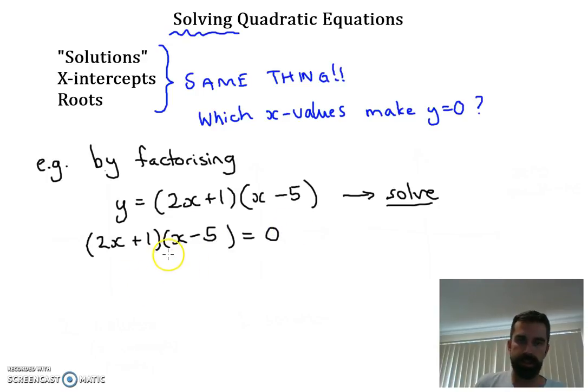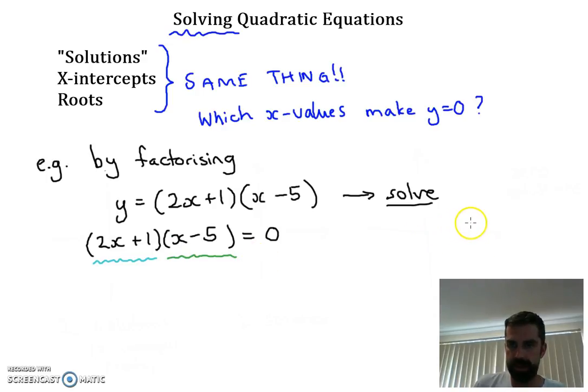Now, in this case, there's two possibilities that could cause this whole equation to come out to 0. The first possibility is that this first bracket equals 0. The second possibility is that this second bracket comes out to 0.